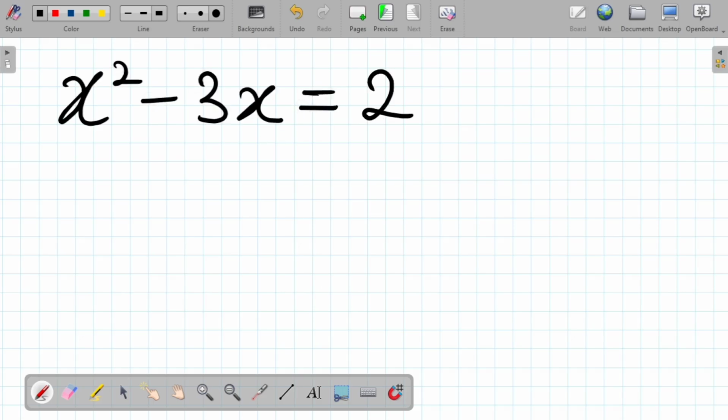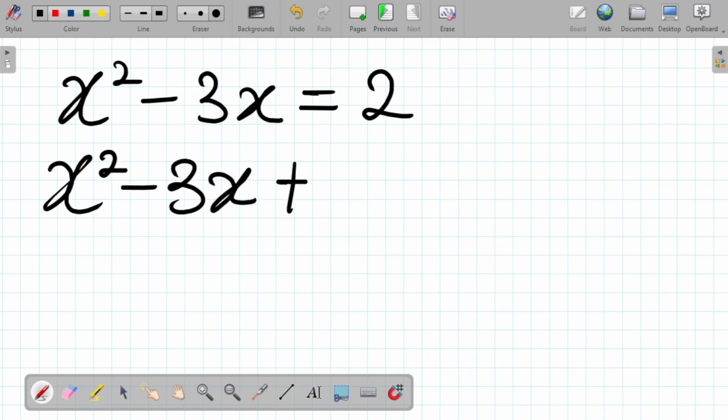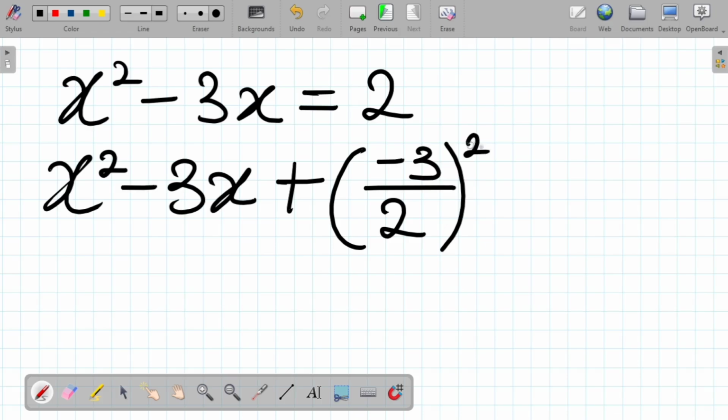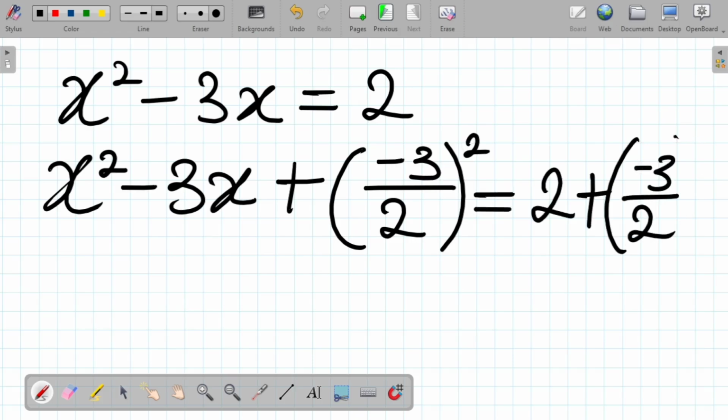If we add negative 3 all over 2 all squared to both the right hand side and the left hand side, it will give us x squared minus 3x plus negative 3 all over 2 all squared is equal to 2 plus negative 3 all over 2 and then all squared.